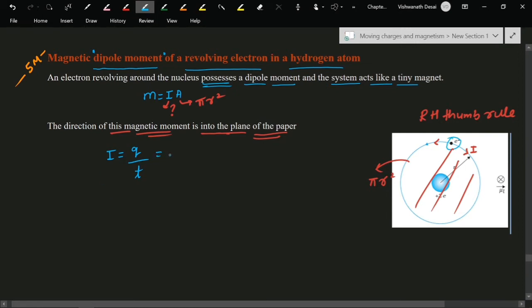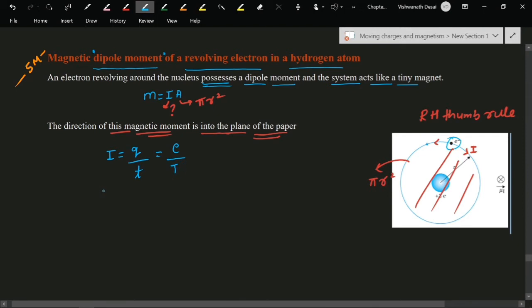But here Q is the charge of an electron, e, divided by T, where T is the time period of the electron. The time taken by the electron to complete one revolution is called the time period. So I is equal to e by T. This is the current.